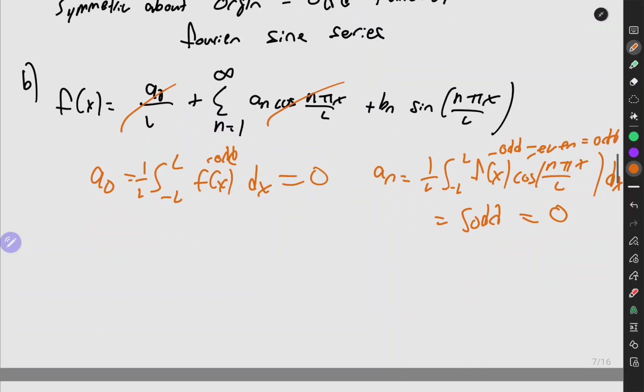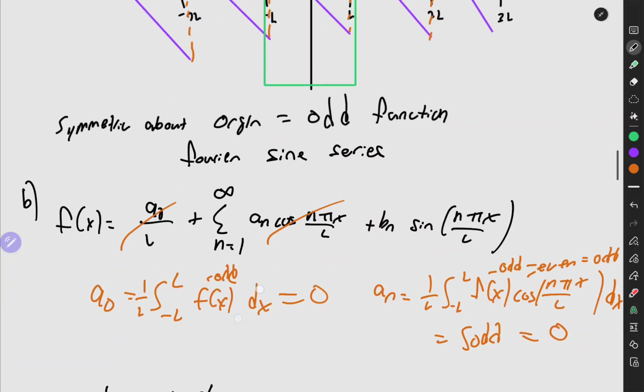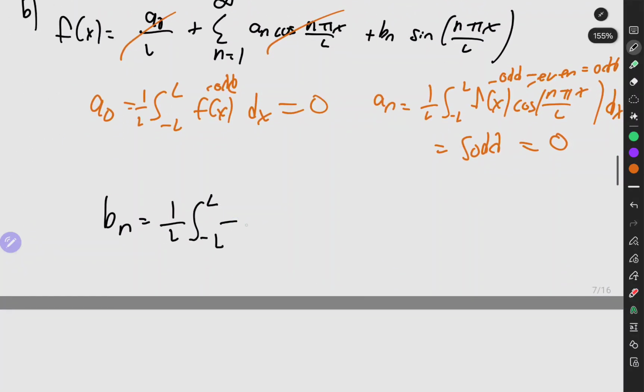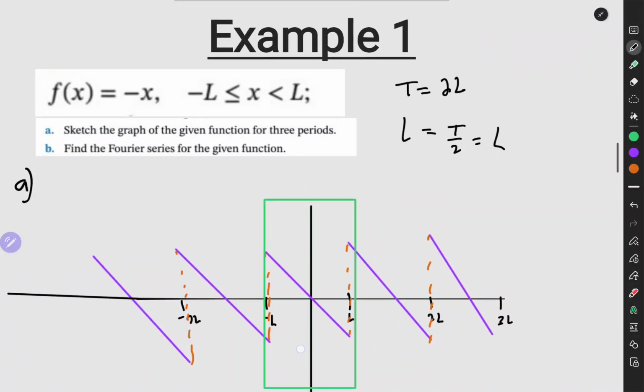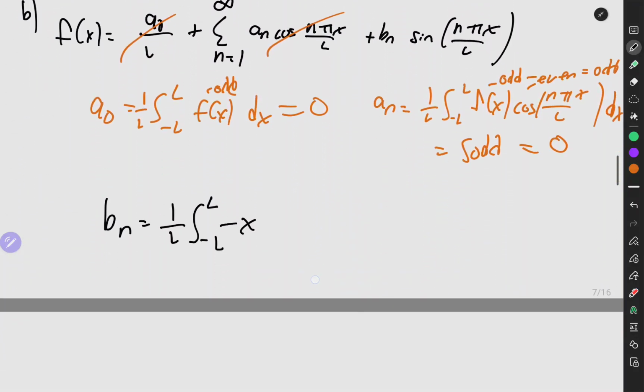So now let me just prove why b sub n is solvable. It's going to be 1 over L, integral from negative L to L. Those are the correct bounds for this problem, by the way. And then we have f of x, which is negative x, times sine n pi x over L dx.